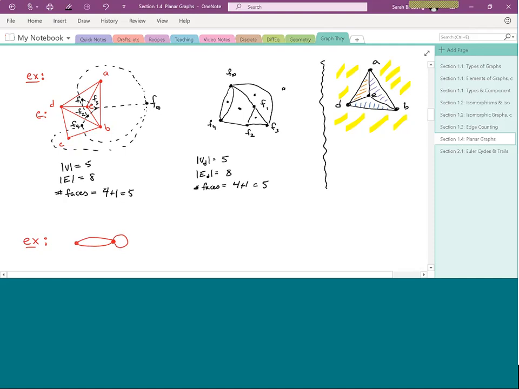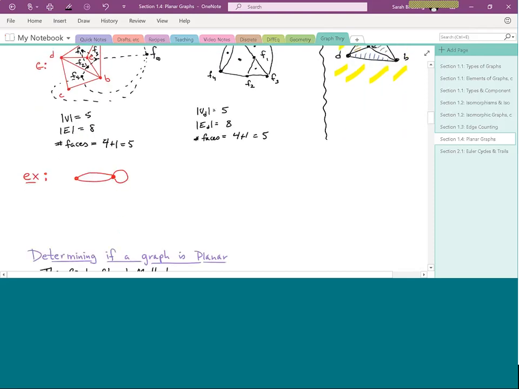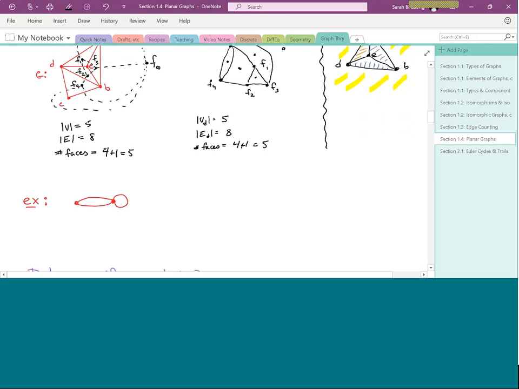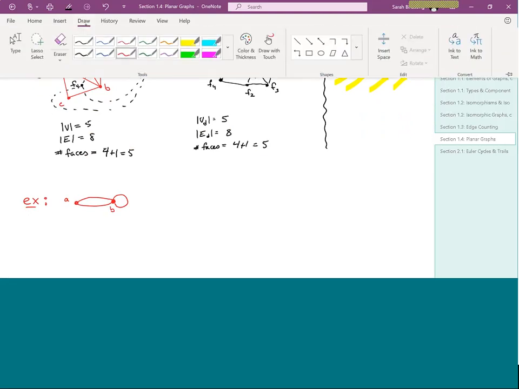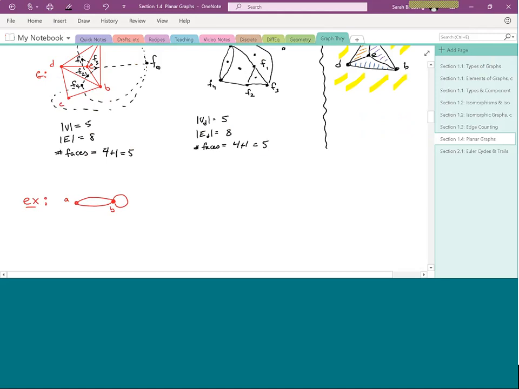So a super, super tiny one, literally about as tiny as you possibly could with a multigraph. And let's go ahead and label this one too with A and B. I guess we don't have to, but I went ahead and did it. Now, when you're looking at this original graph, how many vertices does it have? How many edges does it have? And then we'll look to see how many faces it has.